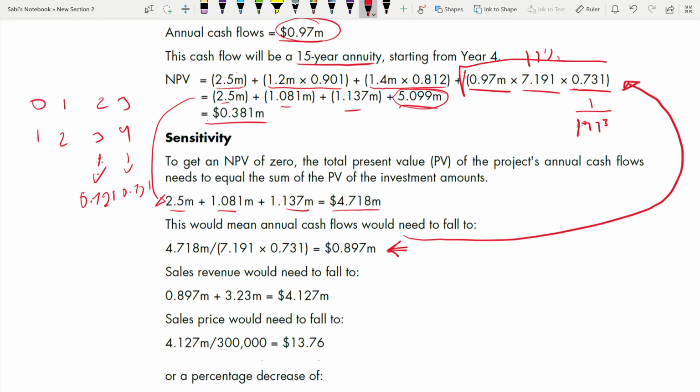This is your inflow, right? For that, it has to be equal to what? It is now 5.099, but it has to be equal to your outflow. Your outflow is 4.718. So it has to be equal to 4.718, equal to 0.97 multiplied by 7.191 multiplied by 0.731, right?